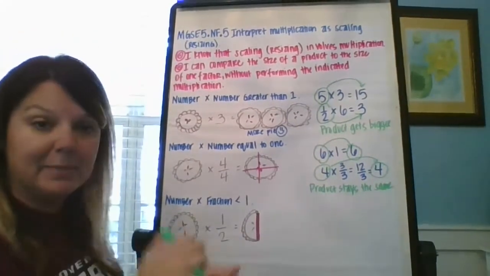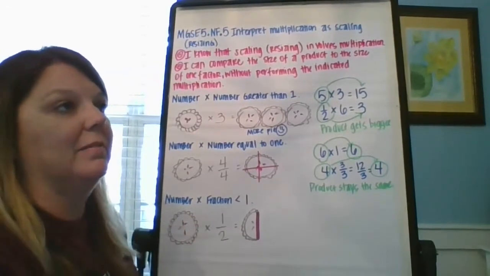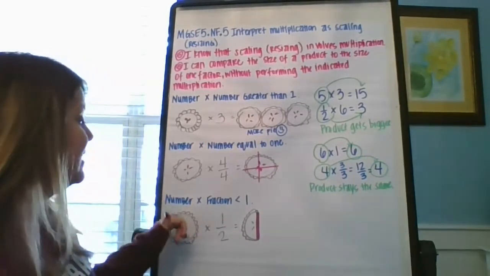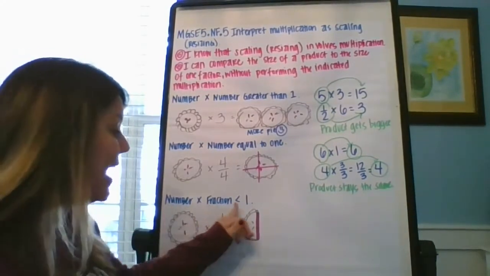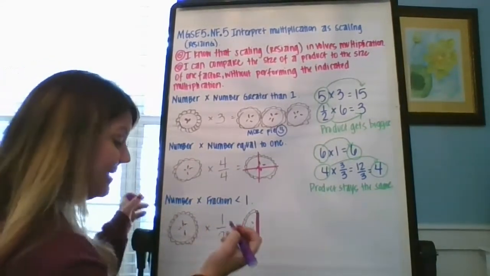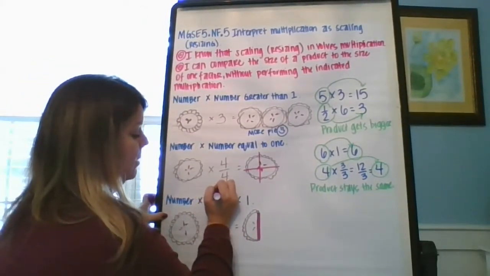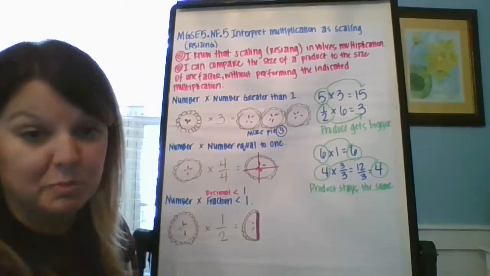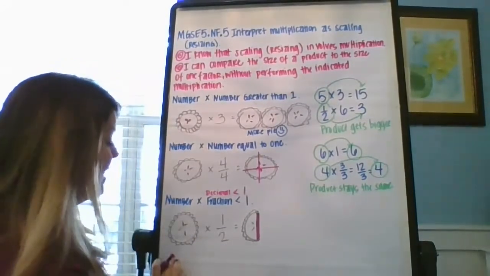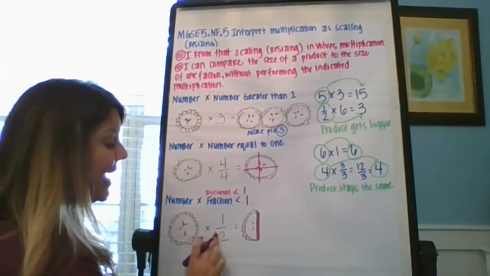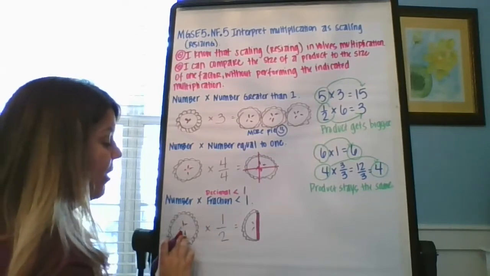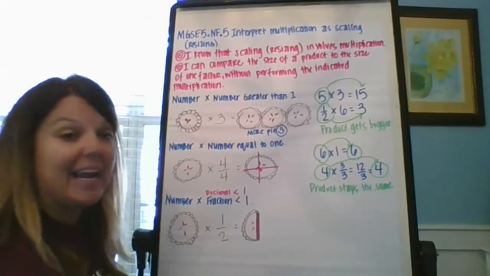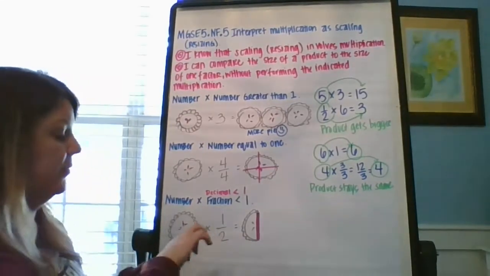Now, the new concept in this section of math this year, that applies to fractions and to decimals, is that when you multiply a number by a fraction less than 1, or a decimal less than 1, you're going to get an answer that's smaller than what you started with. Because if you have a whole pie and you multiply it times 1/2, you're only going to have half a pie left over.